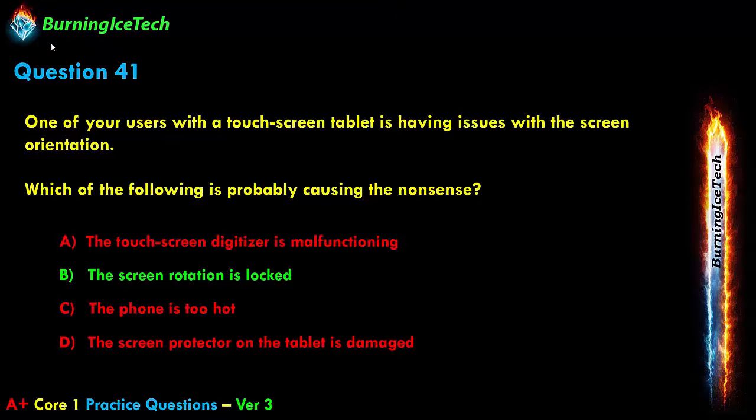Answer D, the screen protector on the tablet is damaged. Once again, that's going to have no influence on this. If your screen protector is damaged, it might cut your finger, it might look cracked, the screen may or may not respond to you because maybe it's messing with the digitizer, but that's about it. So the answer is B, folks.